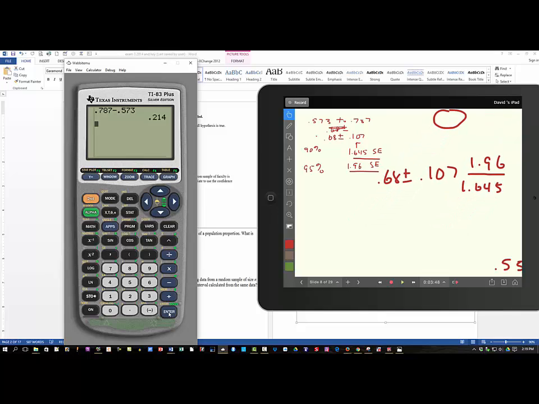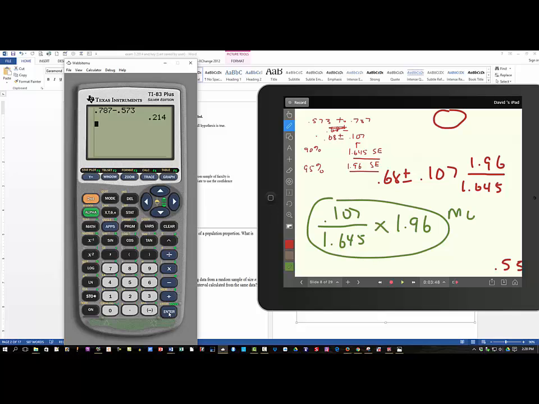For that right-hand side, I've got 0.107, which I know is 1.645 times the standard error. So I'm just going to divide by 1.645. That'll leave me with the standard error. And then I'm going to multiply that by 1.96, and that will give me the new margin of error for the 95% interval.